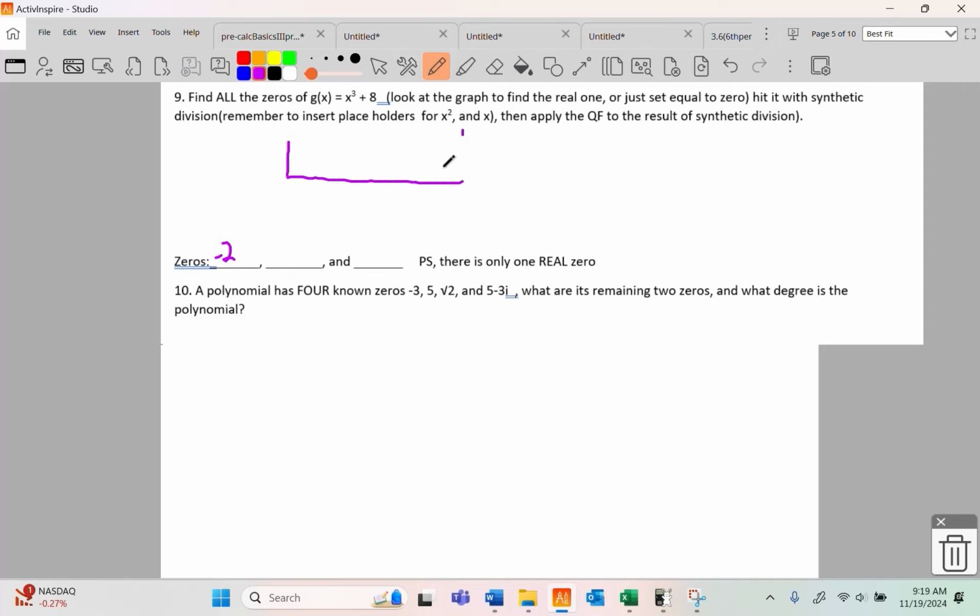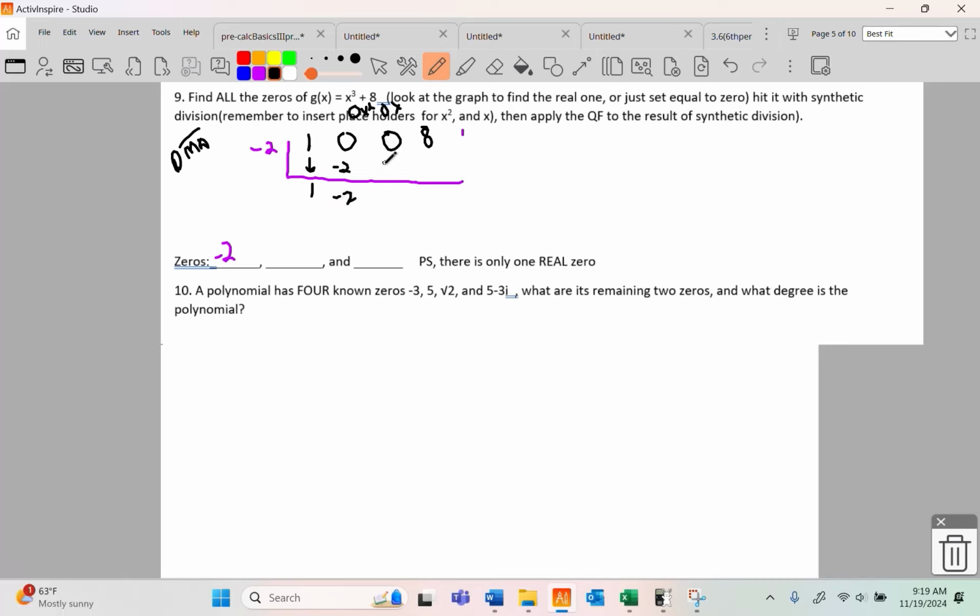And I also know that Milbrath has been trying to teach me synthetic division for the last week. I have 1x cubed, placeholders. There is no x squared and there is no x. Okay? And then again, drop, multiply, and add. I drop the 1. Negative 2 times 1 is negative 2. 0 plus negative 2 is negative 2.